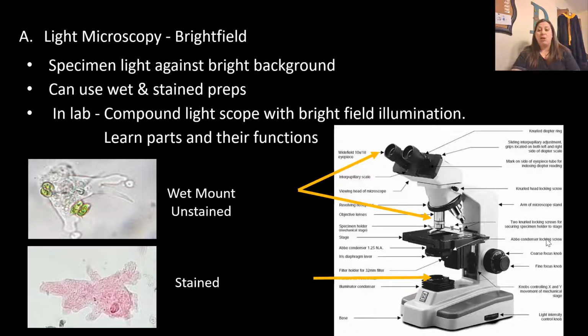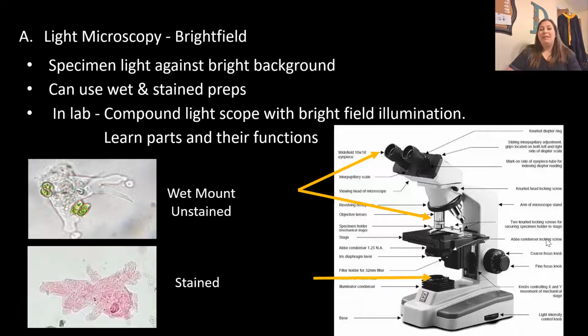The objectives are found in the middle of the scope, and they're the ones that we can turn up or down based on what we want to see. So if it's a 4 objective, we take 4 times the 10, which is 40 times. If it's a 40, then 40 times 10 is 400. If it's the oil, it's 100 times 10, which is 1,000 times bigger than normal. Those are the two areas in the compound scope that magnify what you're seeing.